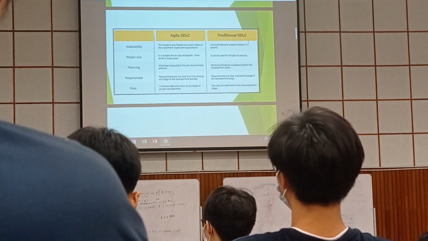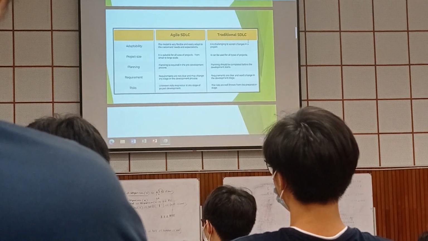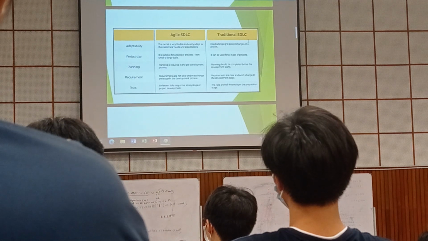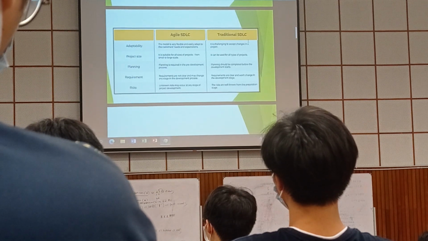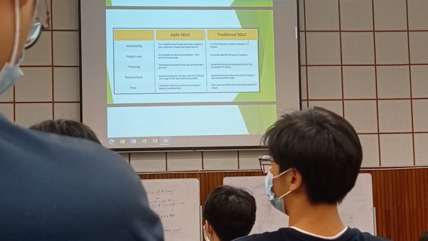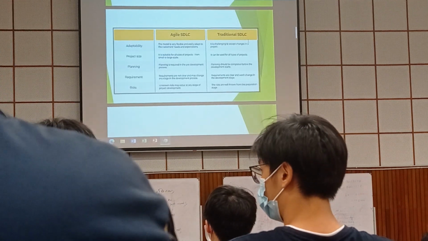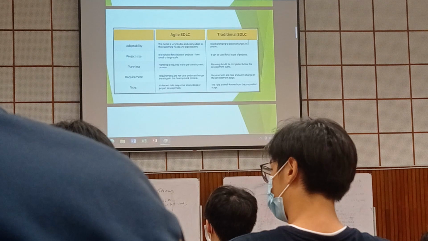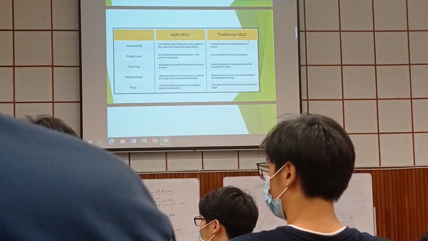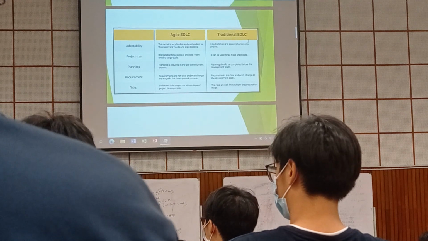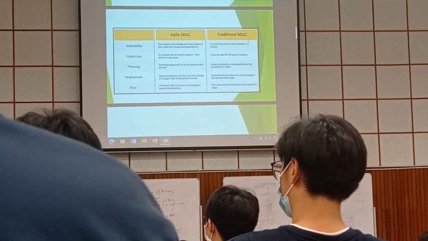Maybe the duration will be longer or the budget will be over budget. So that is the risk. The risk is yours. Understand? But in traditional, the risk is well known from the preparation stage, because you have already done the pre-plan for everything. When you are using traditional, you know where the risk will be. Understand?